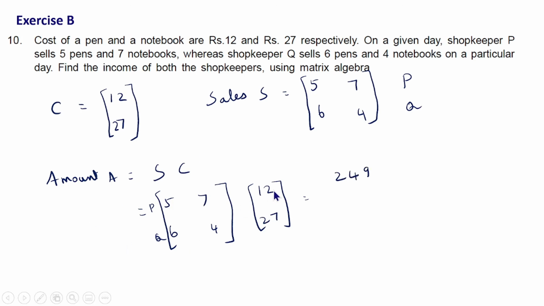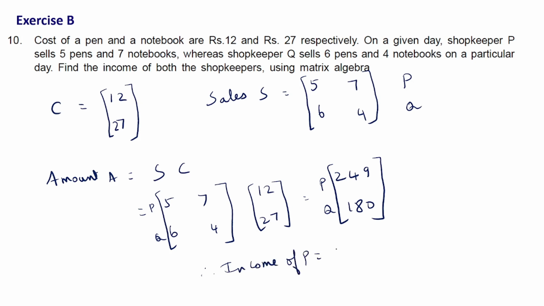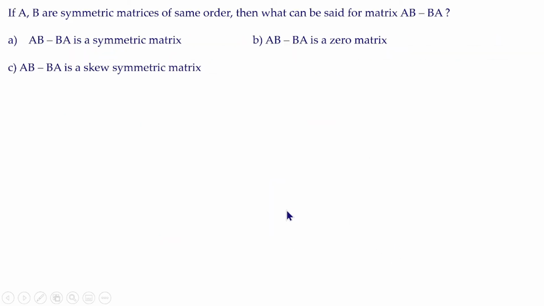Then 6 into 12 plus 4 into 27, 180. So this is income of P and this is income of Q. Therefore, income of P is rupees 249 and income of Q is rupees 180.